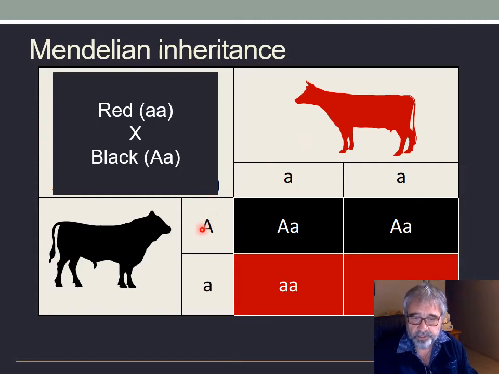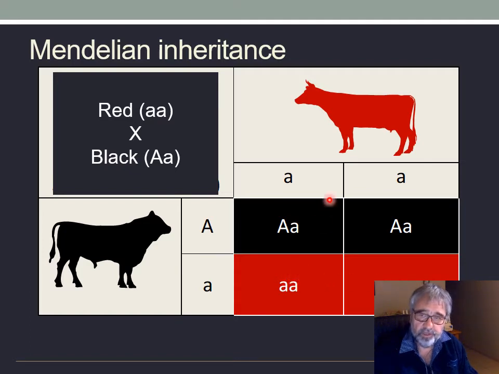There's a 50% chance of a calf being a carrier of the red gene but not expressing it because the black gene will dominate the red gene. The other 50% chance would be pure red animals in the herd.